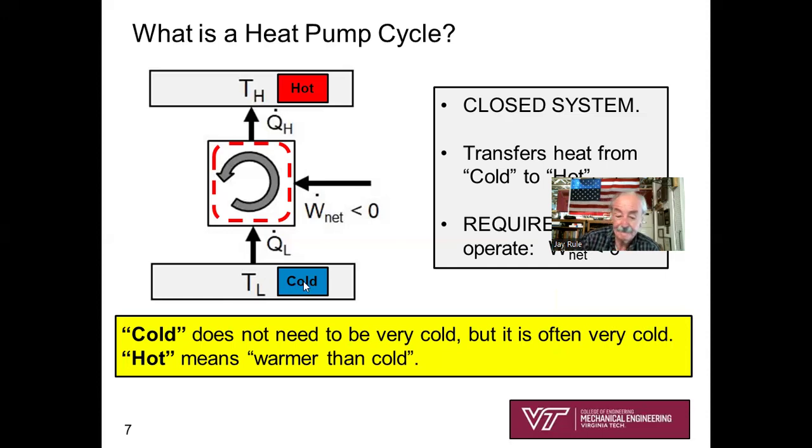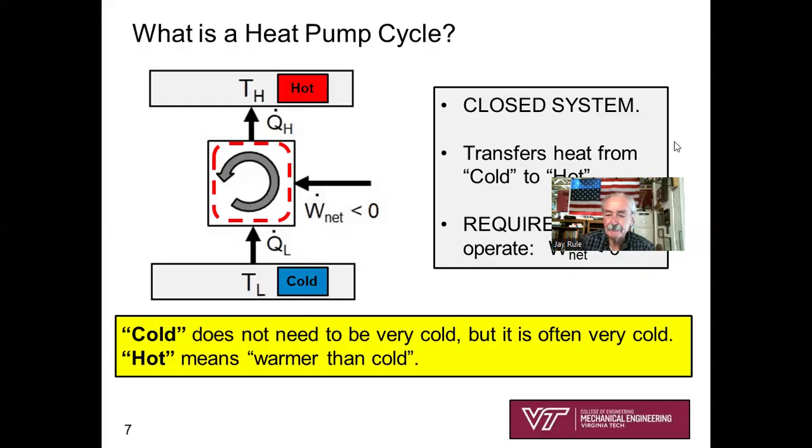It could just be the outside surroundings in the wintertime, cold soil, just about anything that's cool or cold. Hot doesn't have to be extremely hot either. It just has to be warmer than cold. And our homework problem is just that: hot is 20 degrees C and cold is 2 degrees C.